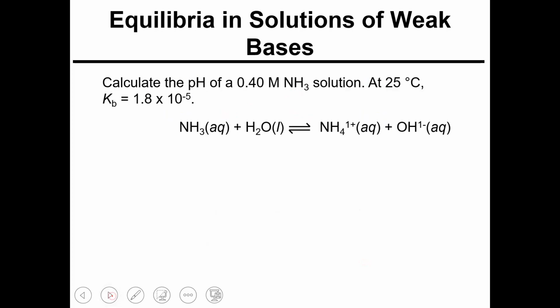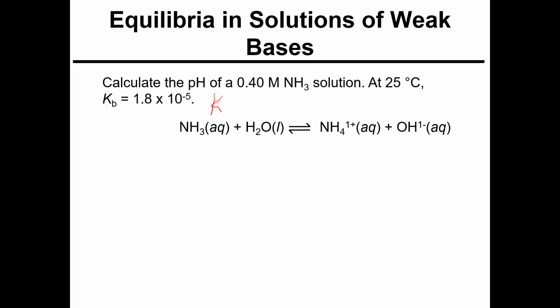So let's look at an example where we need to calculate the pH of a solution that contains a weak base. So we've actually already written a Kb expression. The question asks us to calculate the pH of a 0.40 molar NH3 solution. At 25 degrees Celsius, Kb is 1.8 times 10 to the negative fifth.